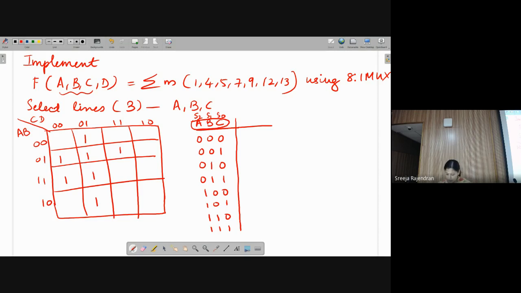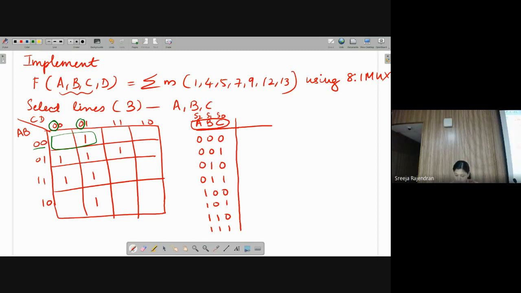Let me look at the Karnaugh map when the select line combination is 0, 0, 0. AB is 0, 0 and C has to be 0, right? C is 0 over here also. So these two form the two minterms where ABC is 0, 0, 0.